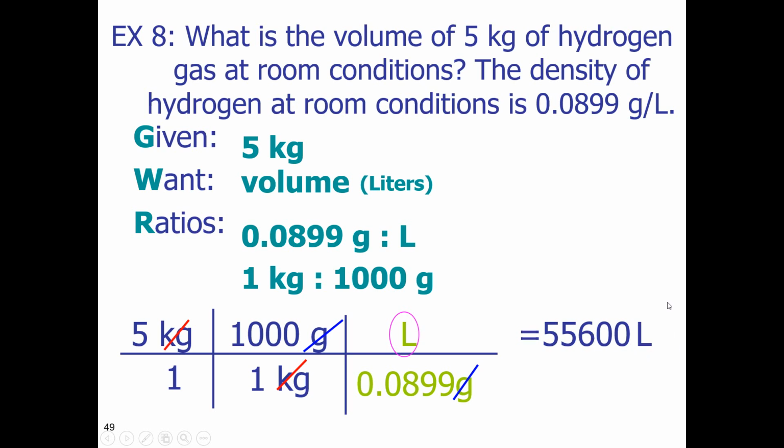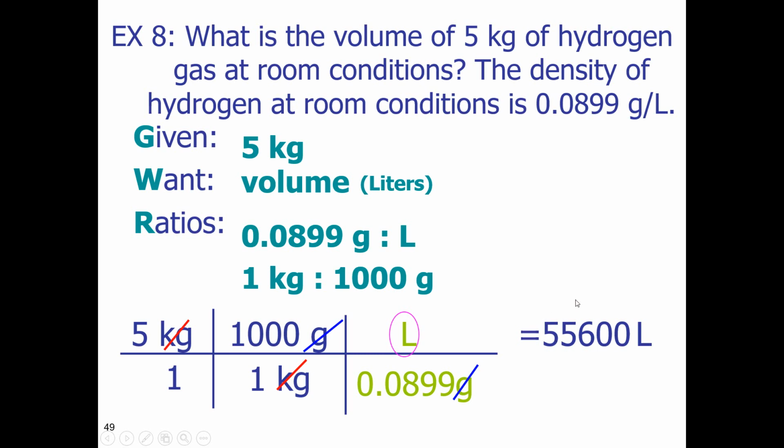There's one missing piece that we want to consider before finalizing this problem, so I want to give you guys a moment to think about what that missing piece is. That missing piece has to do with sig figs. There is only one significant figure in the given, and we need our answer to reflect that as well. This is our one significant figure we are focused on, and since this 5 is sitting next to a 5, we're going to round this up to a 6.